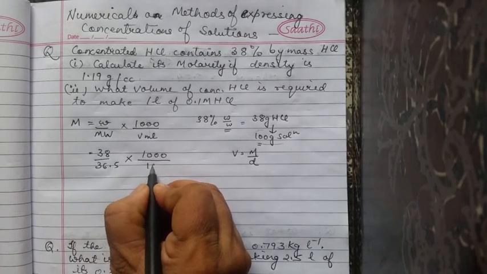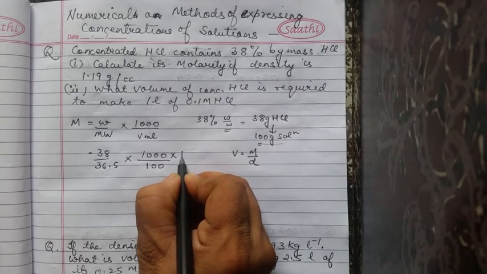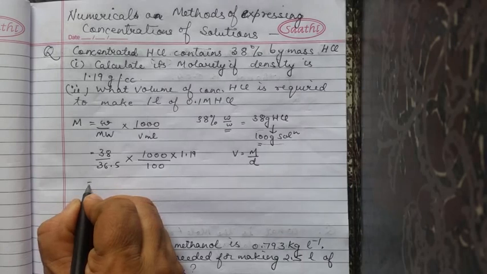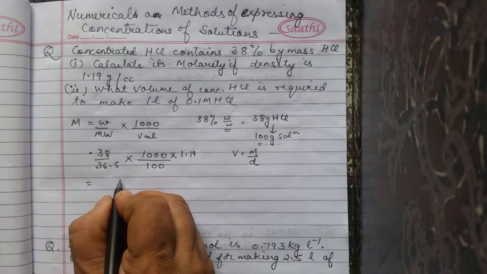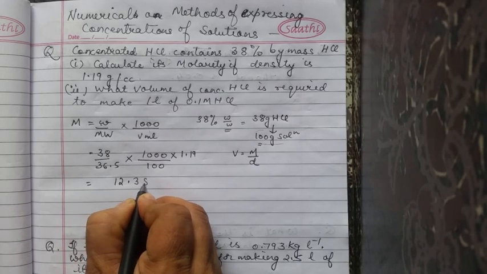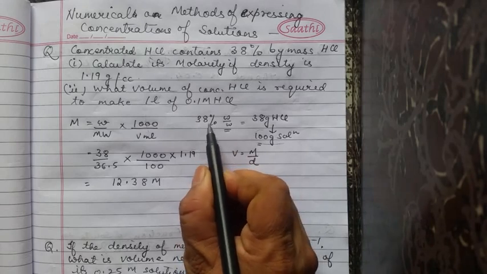So we have the mass as 100 and density 1.19, and if you solve this you will get the molarity for this particular question as 12.38 molar.